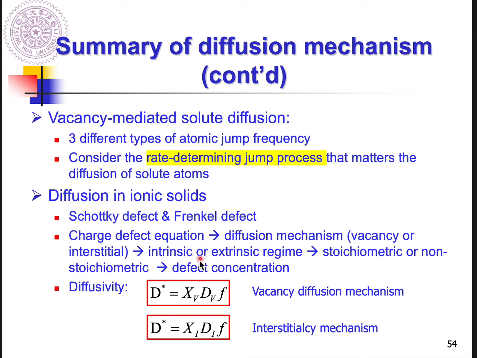The most important thing is you need to determine the defect concentration. The Schottky defect is the formation of pairs of vacancies, anion and cation vacancies. So the self-diffusivity is easy: as long as you know the vacancy fraction, times DV, times F, you can know the self-diffusivity for specific ions.